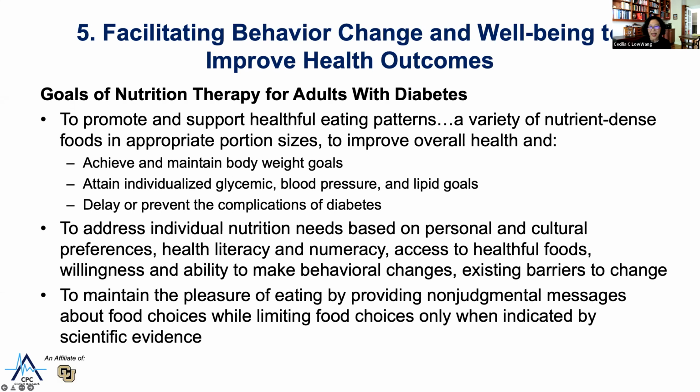But then also access is important, access to healthful foods, willingness and ability to make these changes, and what are the existing barriers to change. And I thought this was really important too, that we'd like to maintain the pleasure of eating by providing non-judgmental messages about food choices, while limiting these food choices only when we have great scientific evidence for it.